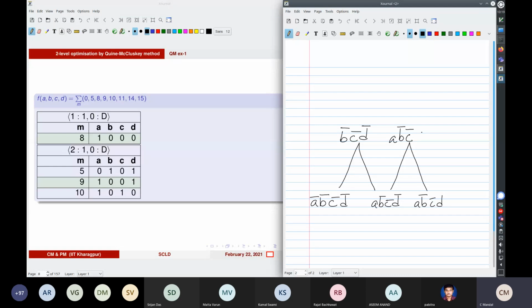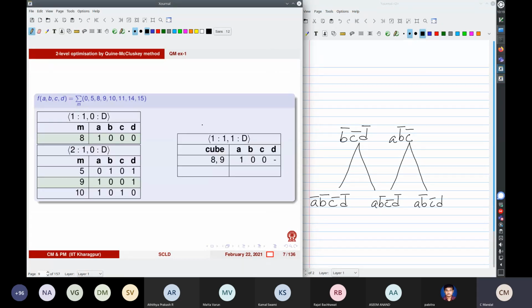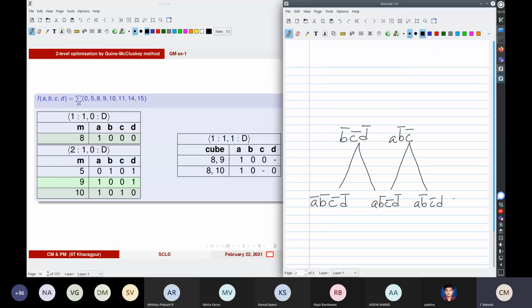This is what you get when you combine these. We show that here. Now, you can combine this with 10 also. This cube is A, B bar, C, D bar. And as you can see, we can combine this with 8 as well.